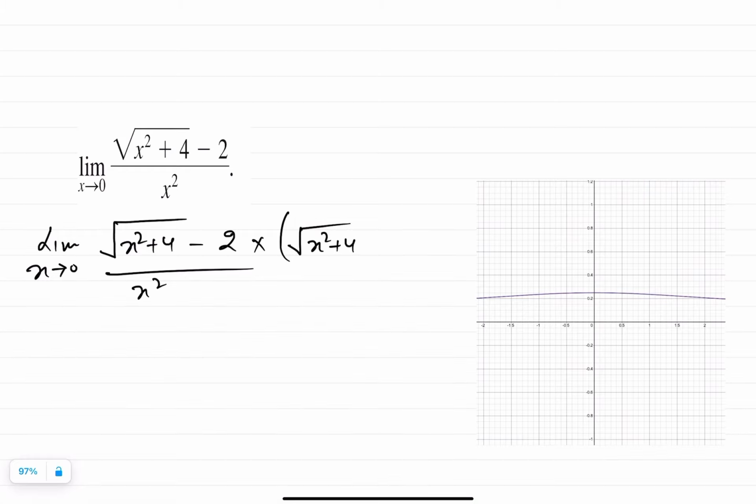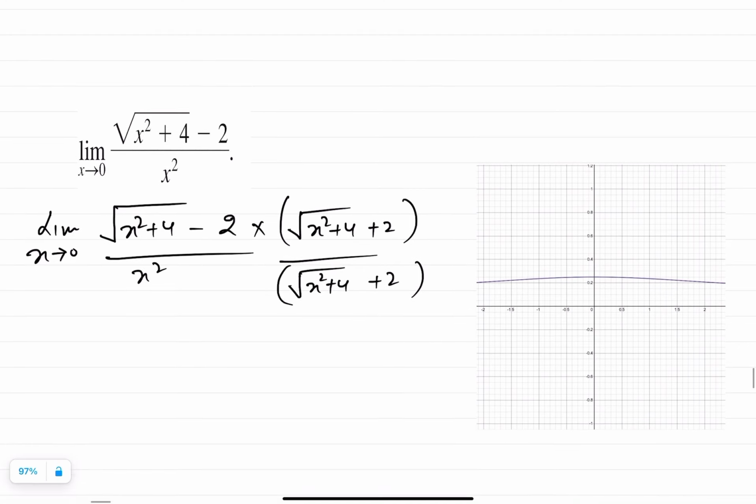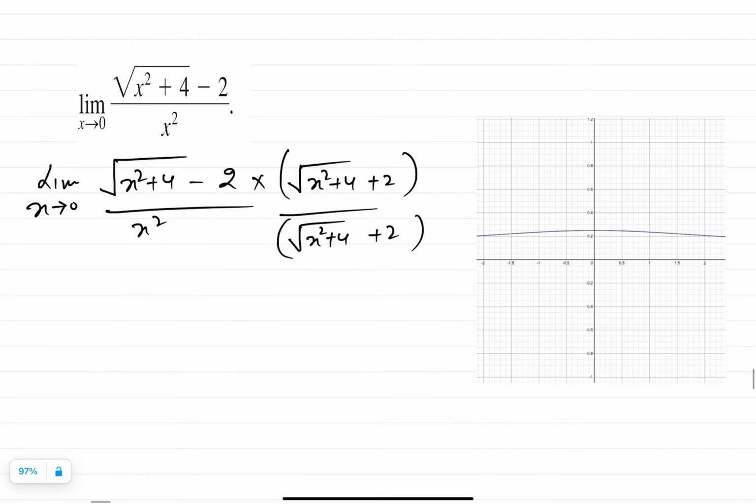Instead of negative, we will use positive 2. The reason is because it will be in the form of, I will show it to you. We have to divide by square root of x squared plus 4 plus 2. So we are multiplying with the same term above and below, so there will be no change in the equation.